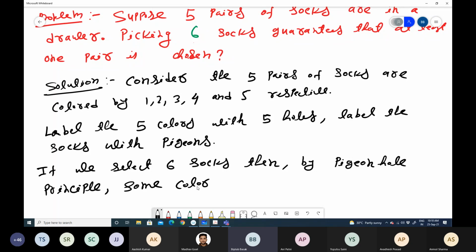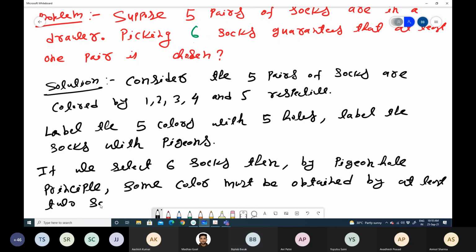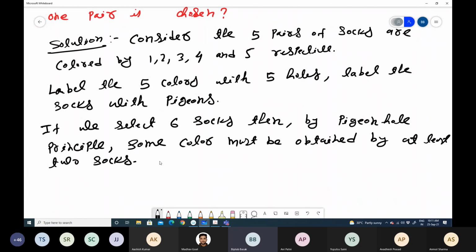So therefore some color must be obtained by at least 2 socks, right? And so we are done. Since you have at least 2 socks with the same color, that means you have at least 1 pair.